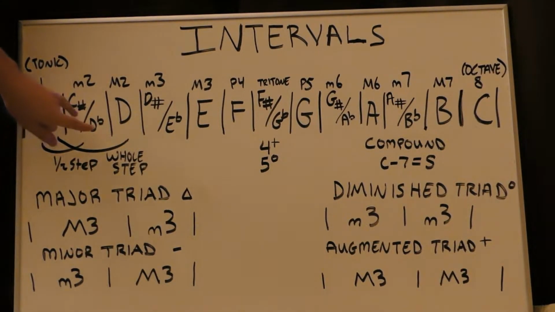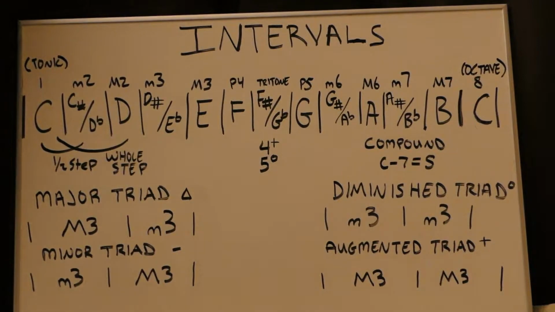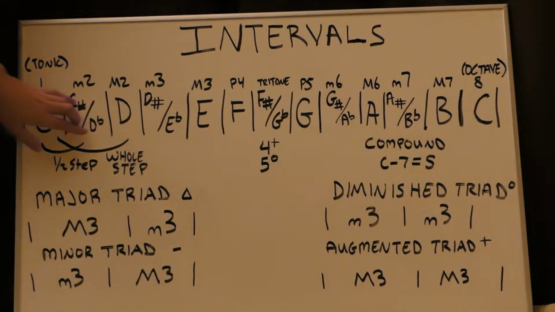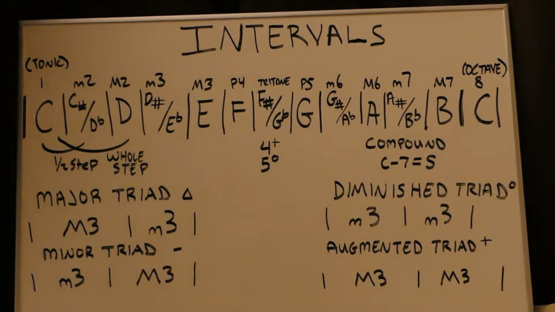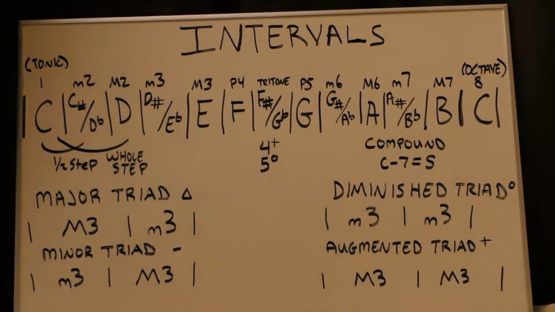These two notes are the exact same, but you can interpret them differently based on what key you're playing in. What we call this in music is enharmonic pitches. An enharmonic pitch is where you can interpret a note two different ways, but it's the exact same pitch.